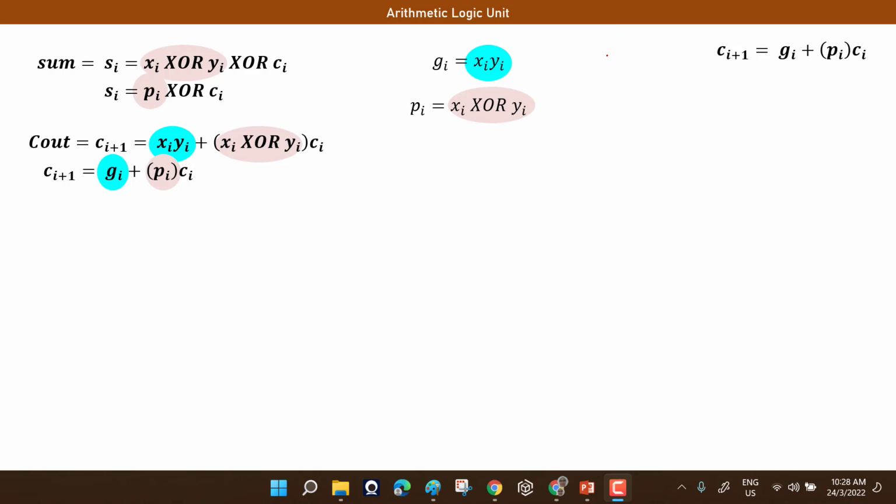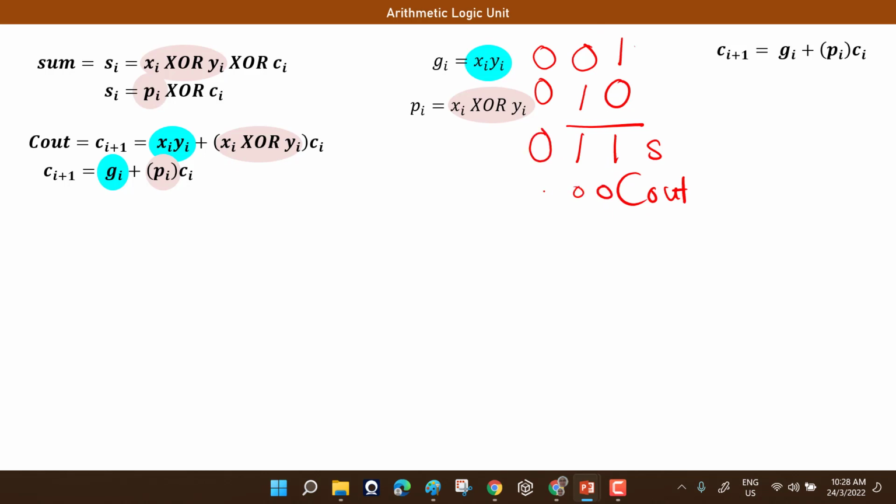If you have 1 plus 0, there will be no carry out, and the sum will always be 1. 0 plus 1 will be the same thing. And when you have 0 and 0, there is no carry out, except if the addition involves 1 and 1. Because 1 and 1 means your sum is 0 but your carry out is 1.